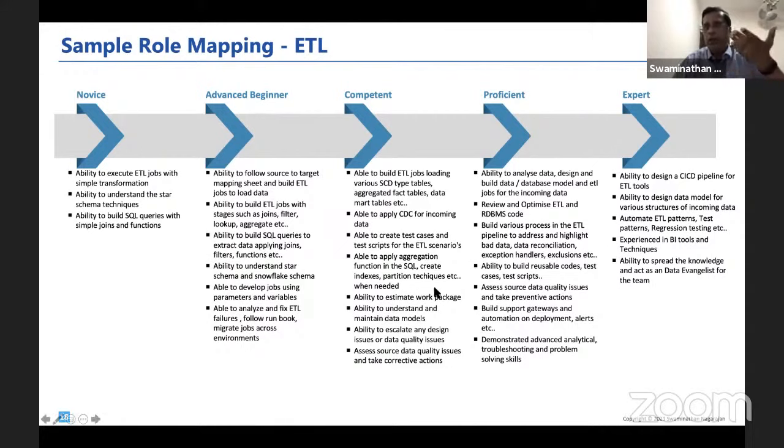So you can look at which field you want. Now you want to become a developer, you want to become Java, Python, understand what is the definition behind the role. So you can chart out a journey. If you want to go from novice to advanced beginner in 2 years, in a 2-year calendar time frame, what all things you need to upskill, what all things you need to do so that you are recognized as an advanced beginner.